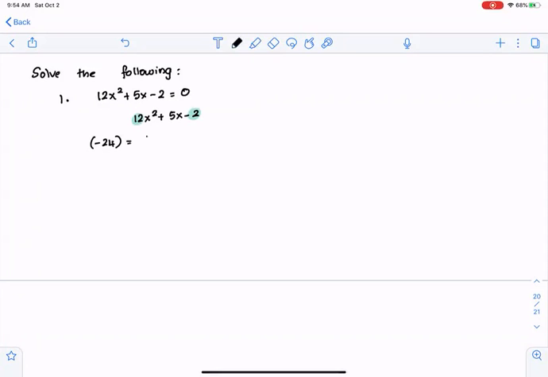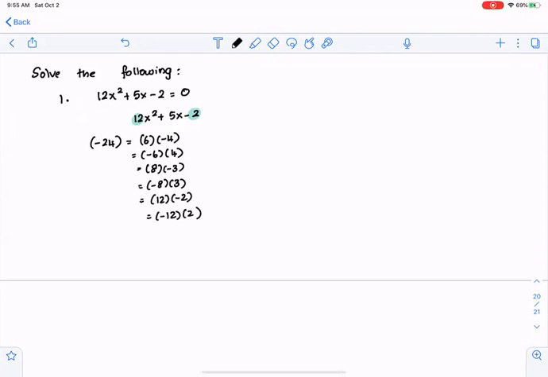So that would mean I could write that as 6 times negative 4, negative 6 times positive 4, 8 times negative 3, negative 8 times positive 3, 12 times negative 2, negative 12 times positive 2. All of those are possibilities.